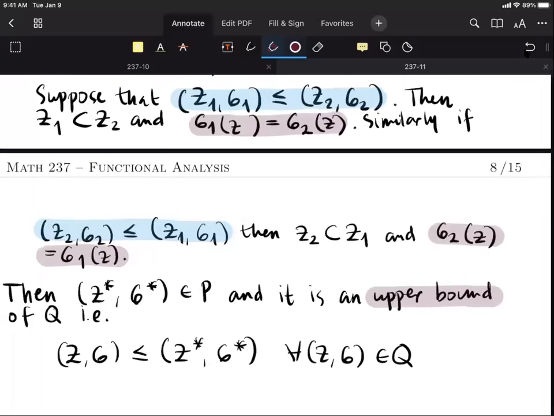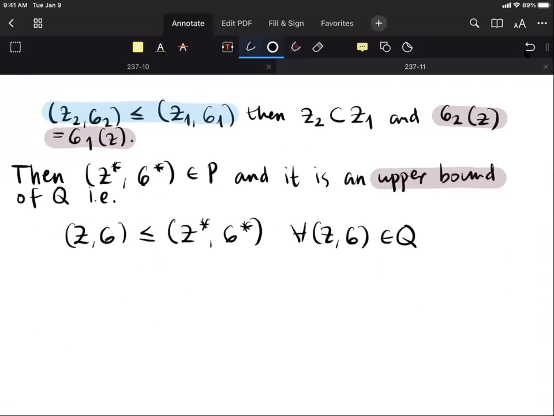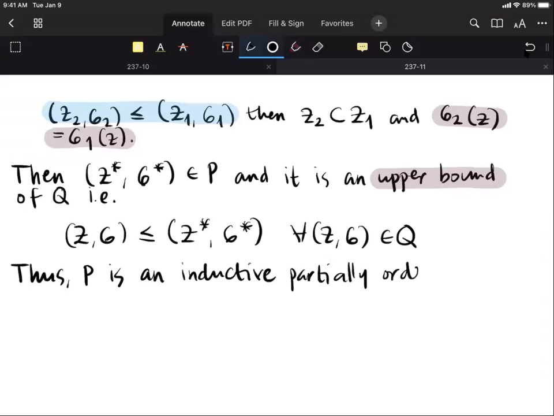This implies that P is an inductive partially ordered set.